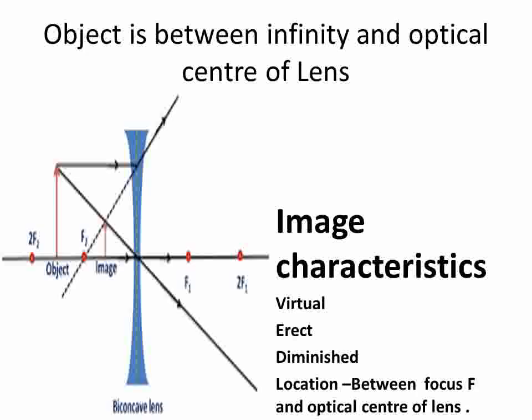Actually, we have principal focus F2 on the left hand side, that is toward the object, in case of a concave lens, whereas in the case of a convex lens this principal focus is on the right hand side of the lens.